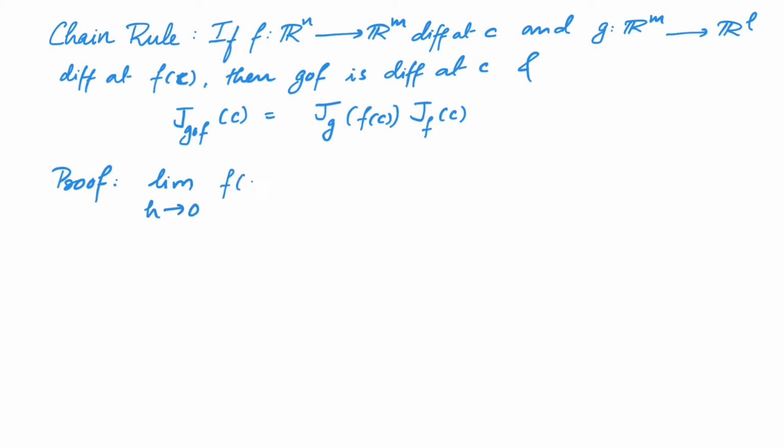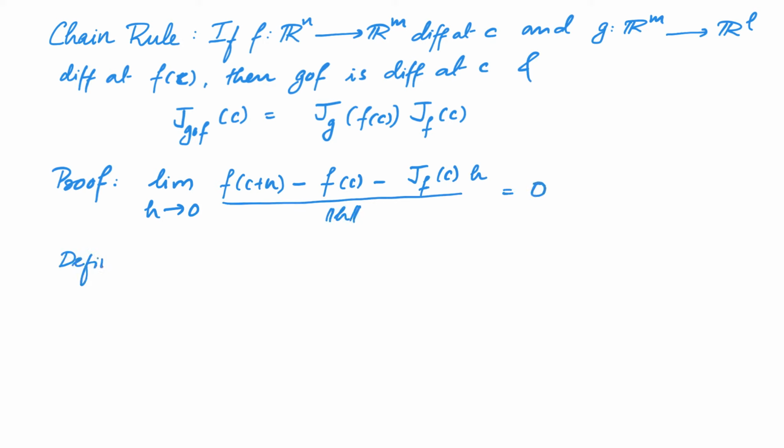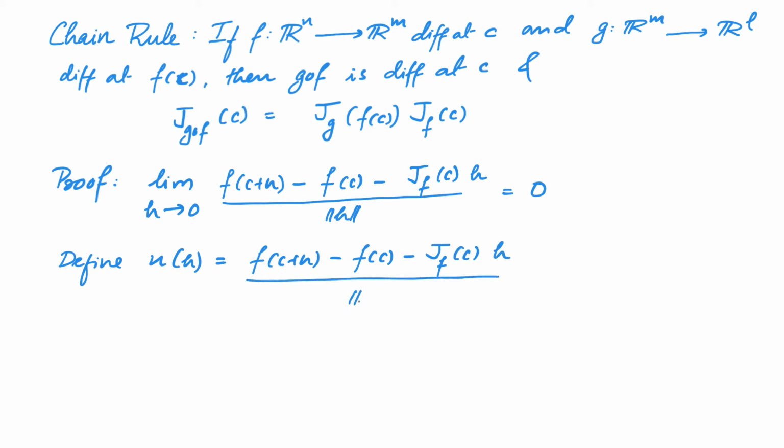First of all, notice that f is differentiable at C tells us that limit h tends to 0, f of C plus h minus f of C minus the Jacobian of f at C into h divided by norm h is equal to 0. Therefore, if we define u of h to be the function f of C plus h minus f of C minus Jacobian of f at C into h divided by norm h, then notice that u of h will tend to 0 as h tends to 0.